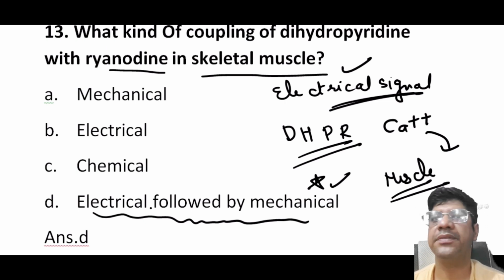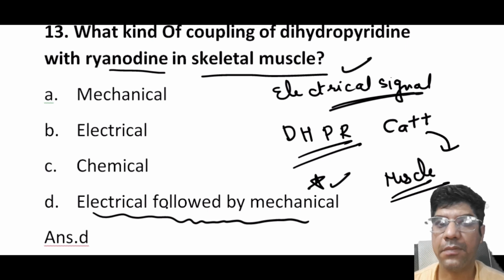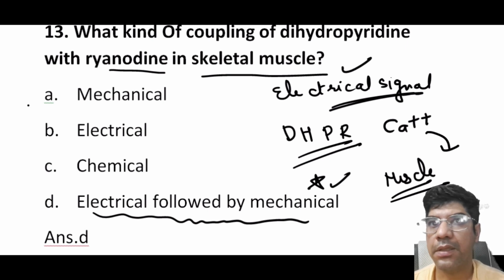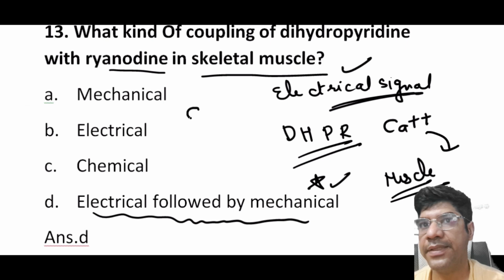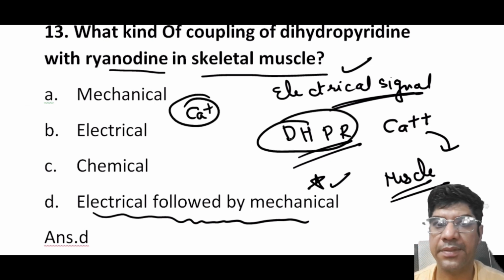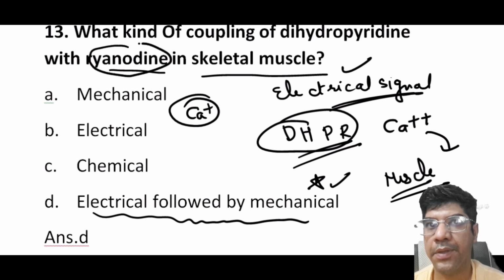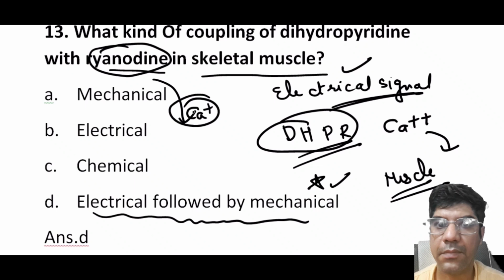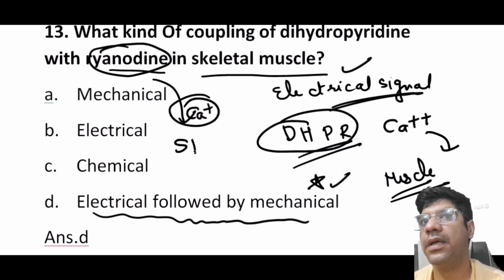Apart from that, you can see the mechanical response. The entry of the calcium from the dihydropyridine receptor stimulates the nearby ryanodine receptors on the sarcoplasmic reticulum.